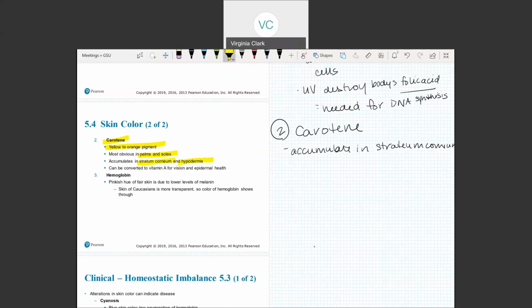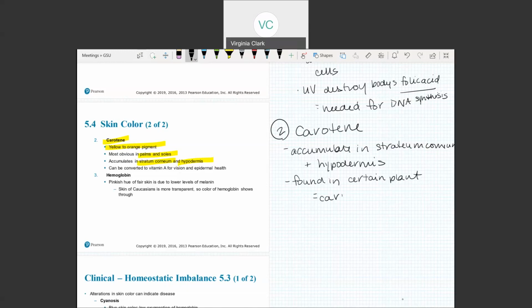It's also going to accumulate in your hypodermis, which is underneath your dermal layer. What's really cool about this is that this pigment is also found in plants, and the plant product it is found in is carrots.